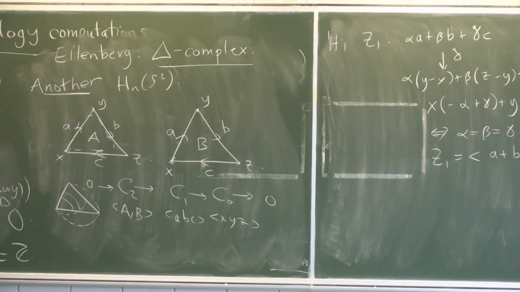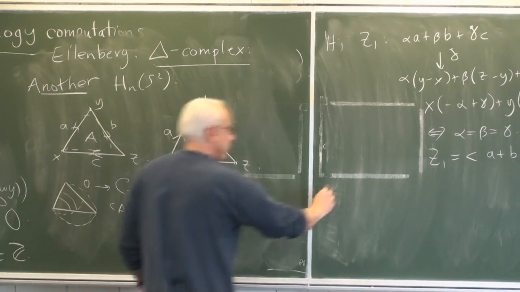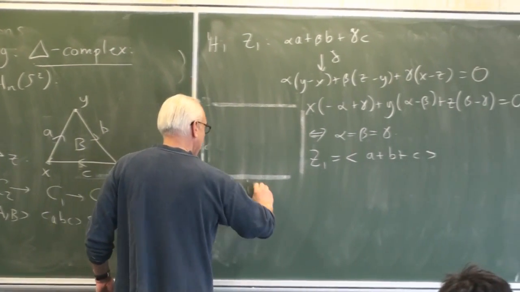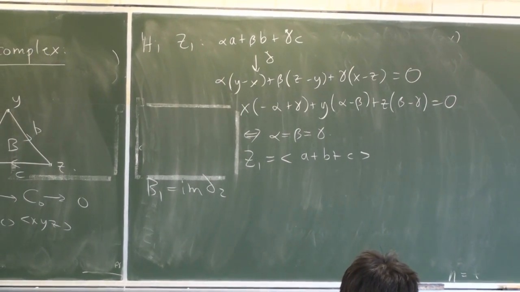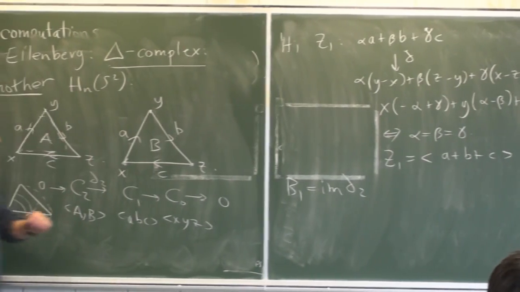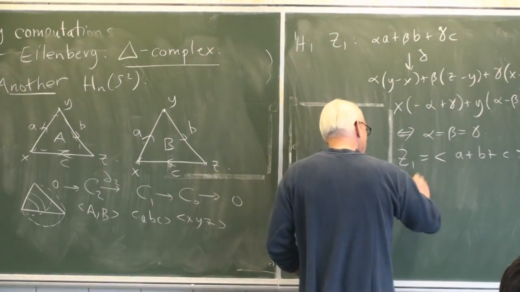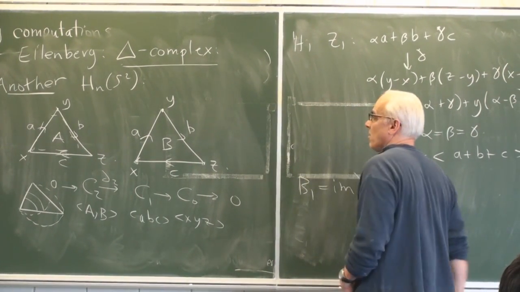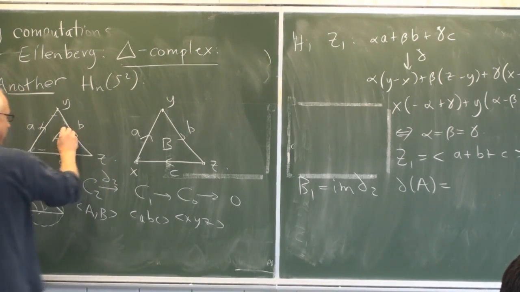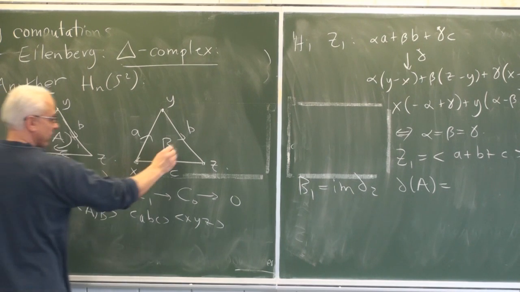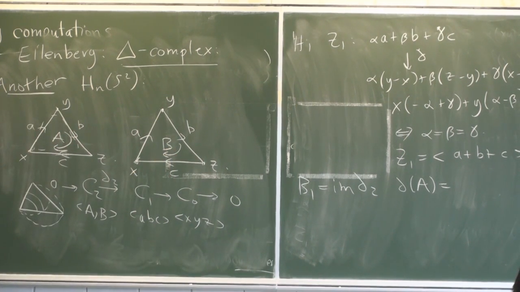What about the boundaries? So B1, this is the image of delta 2. Well, what is delta 2? Here's delta 2 here. What is the boundary of A? Well, let's orient it like this, and let's orient B in the same direction, so it's all pretty easy.